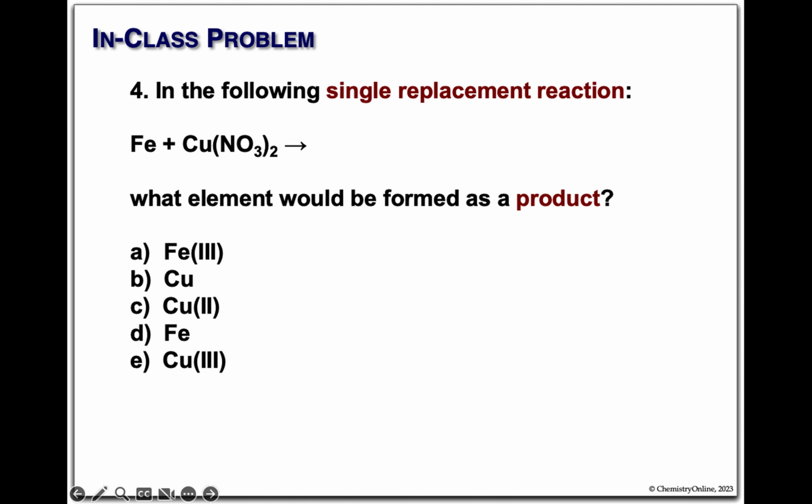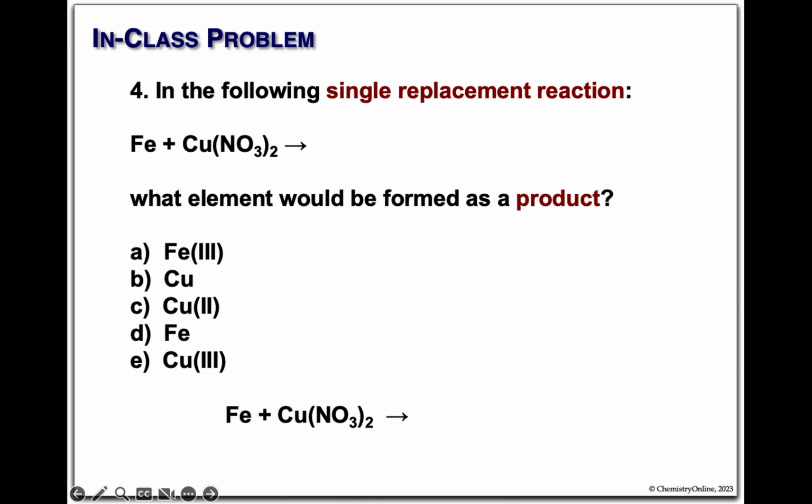Single replacement reaction. What do we remember about single replacements? Very simply, an element and a compound are going to yield an element and a compound. The metal will typically replace the metal. If you have a nonmetal, it will replace the nonmetal. All right, we're looking for the element that will be formed as a product.